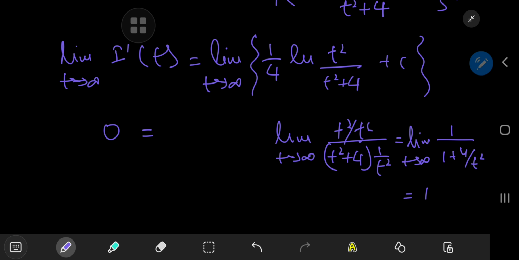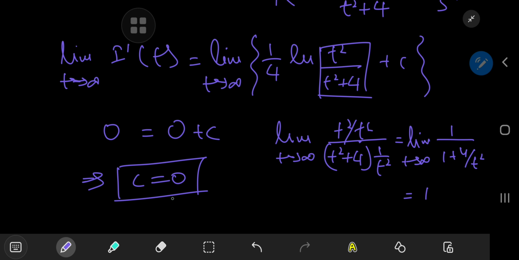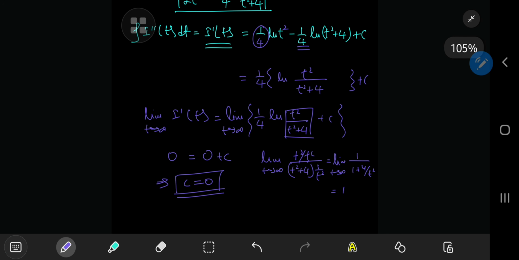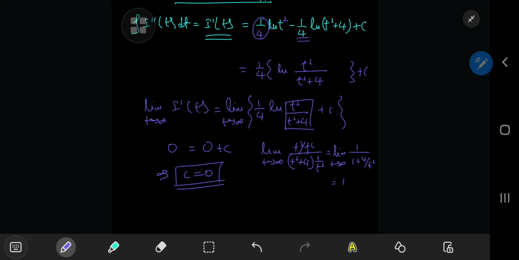So this sorts out to 1. So you have the logarithm of 1, which is 0, right? So this implies that you have 0 equal to 0 plus c, which implies that c conveniently equals 0. Yeah, I absolutely love it when this happens. So yeah, this was nice.